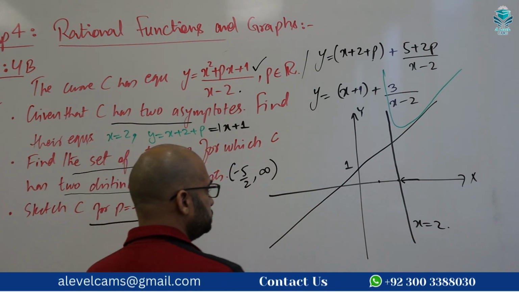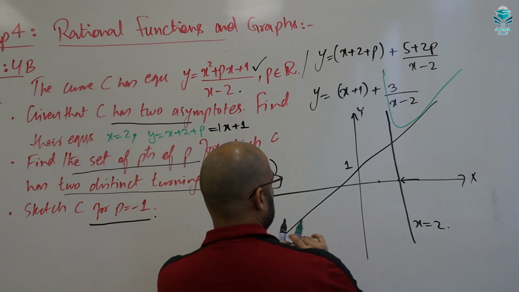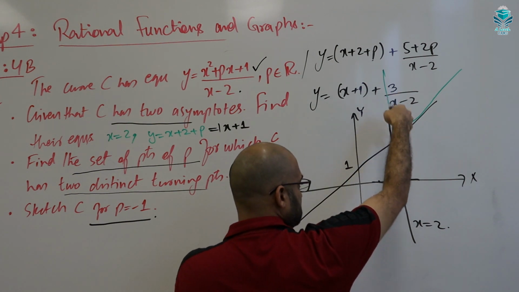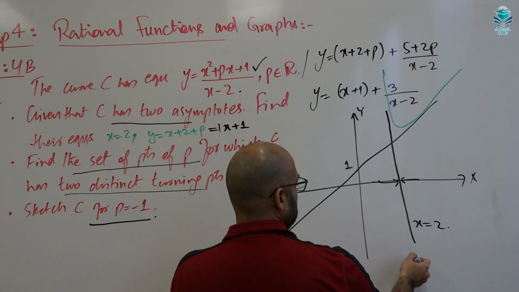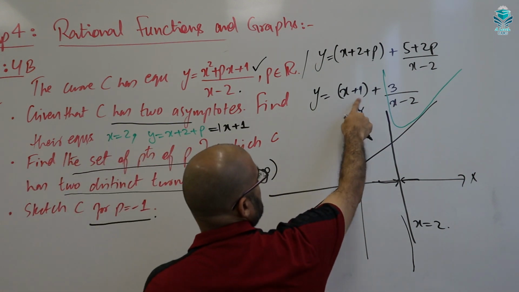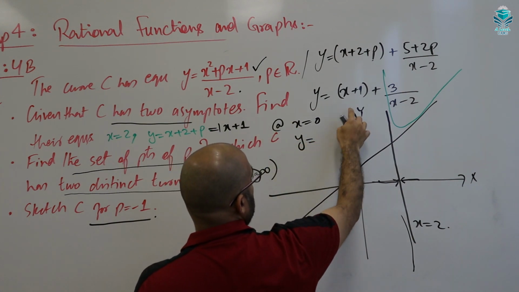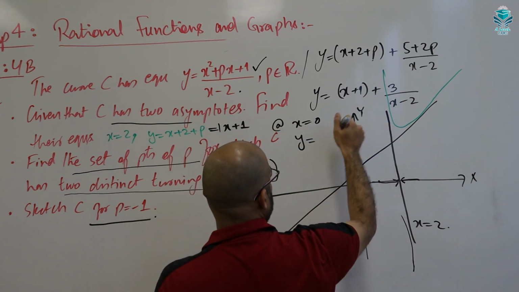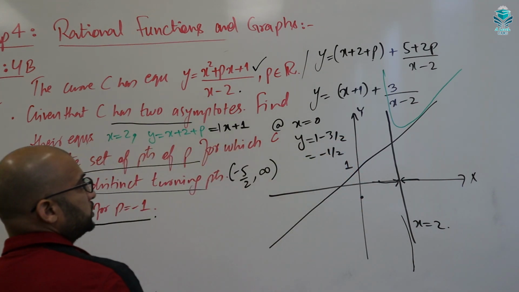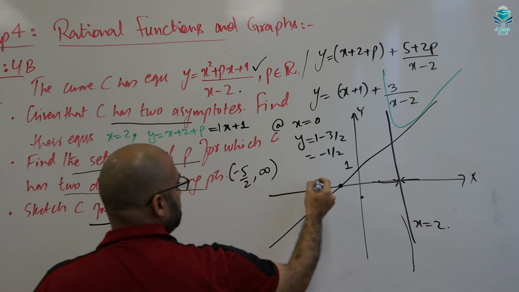When you approach 2 from the left side, it will be negative, so it goes to negative infinity. For the y-intercept, when you substitute x equal to 0, y is 1 minus 3/2, which is minus half. The intercept of the oblique asymptote is 1.